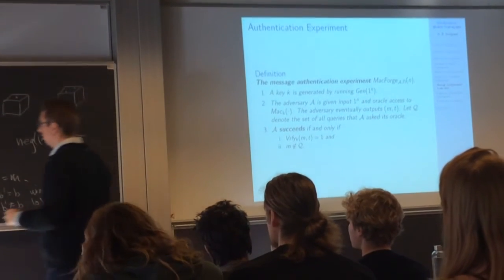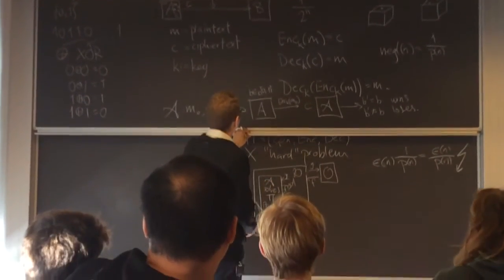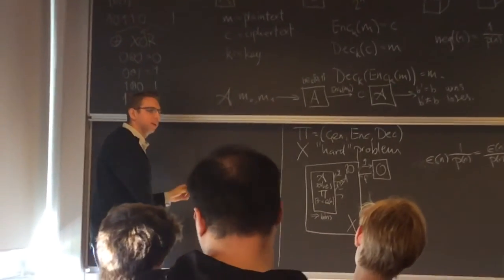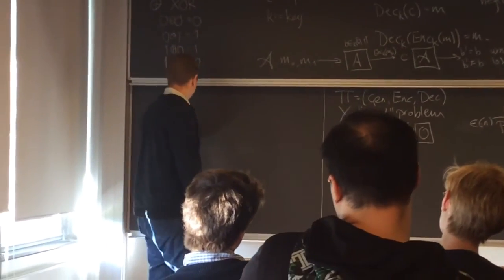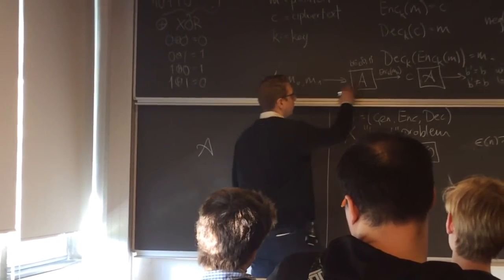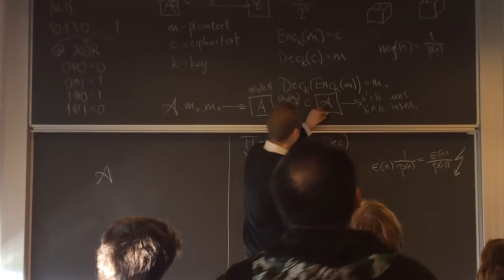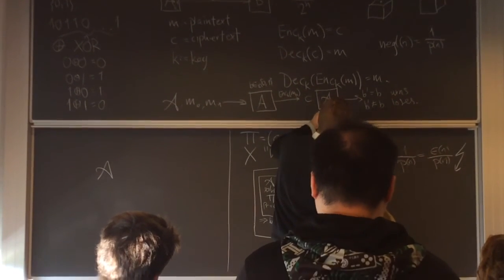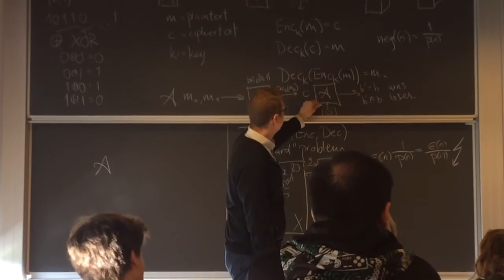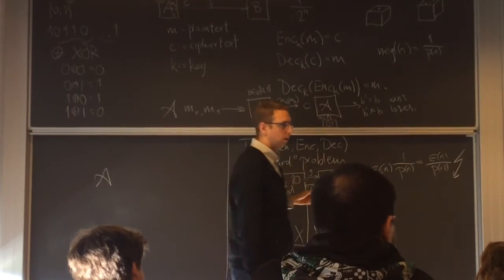Before, the adversary just inputs these two messages, gets some ciphertext back, and then does some work. But here we add an oracle, where he doesn't know how it works, but he knows that he's allowed to send messages M and get tags T back.